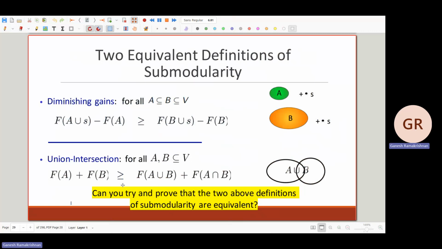If I look at set cardinality, I know that cardinality of A plus cardinality of B is the same as cardinality of A union B plus cardinality of A intersection B, because you're doubly counting the intersection. So here it turns out that doubly counting the intersection doesn't happen. Slightly, this is more than doubly counting the intersection. f of A plus f of B is more than doubly counting the intersection.